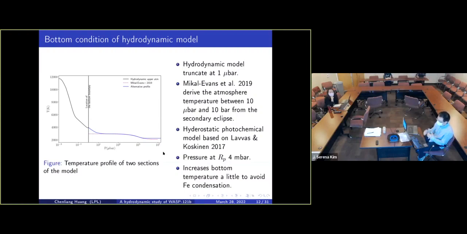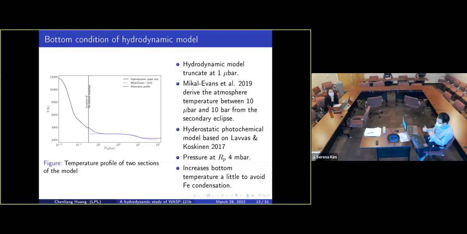So we use this temperature profile and feed it into the hydrostatic photochemical model based on the Lavvas and Koskinen 2017 paper to construct a model including the molecule species and the ionization.